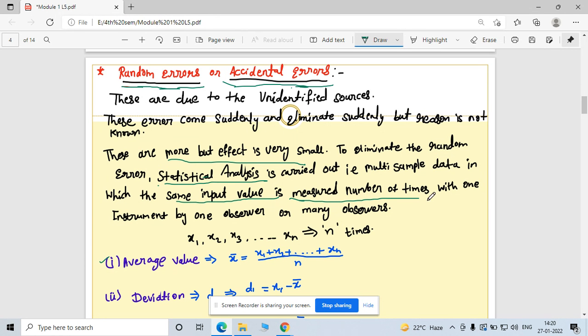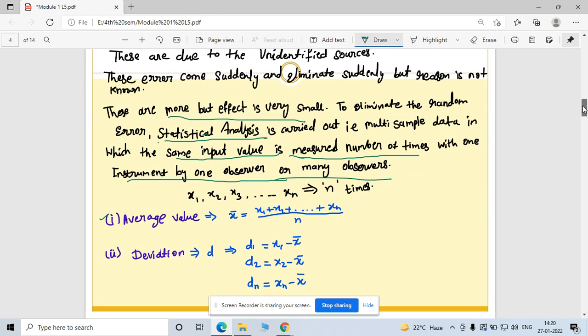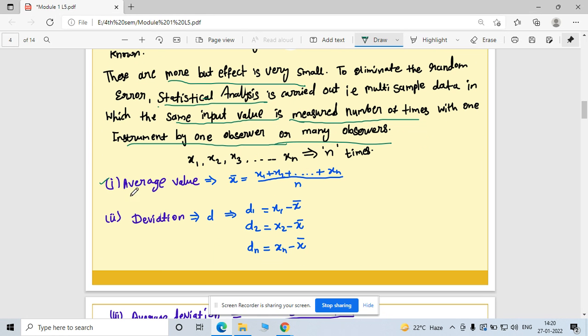Measurements are taken a number of times with one instrument, by one observer or many observers. So you are taking this reading n number of times. You are familiar with this terminology, right?